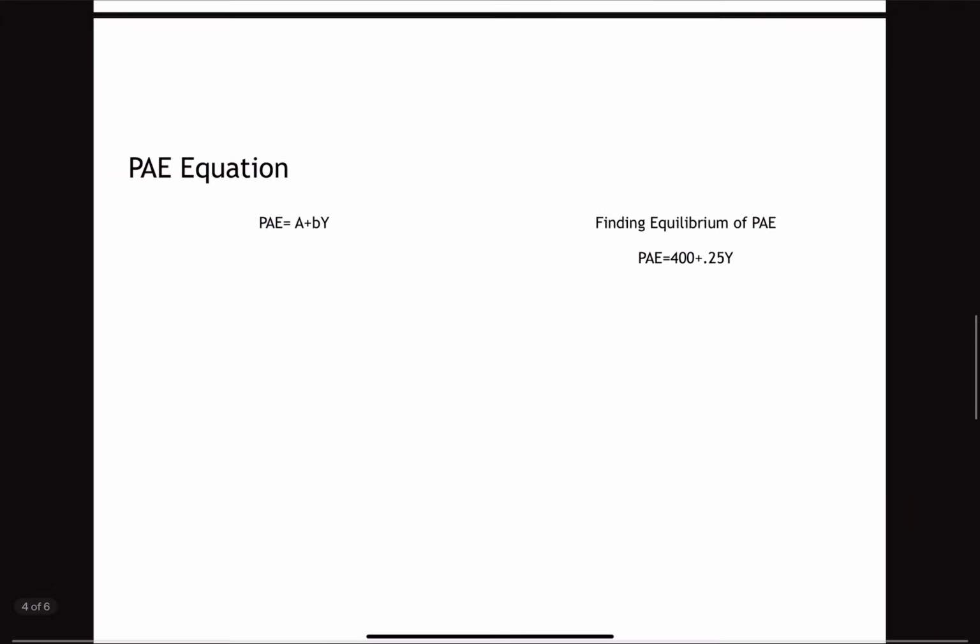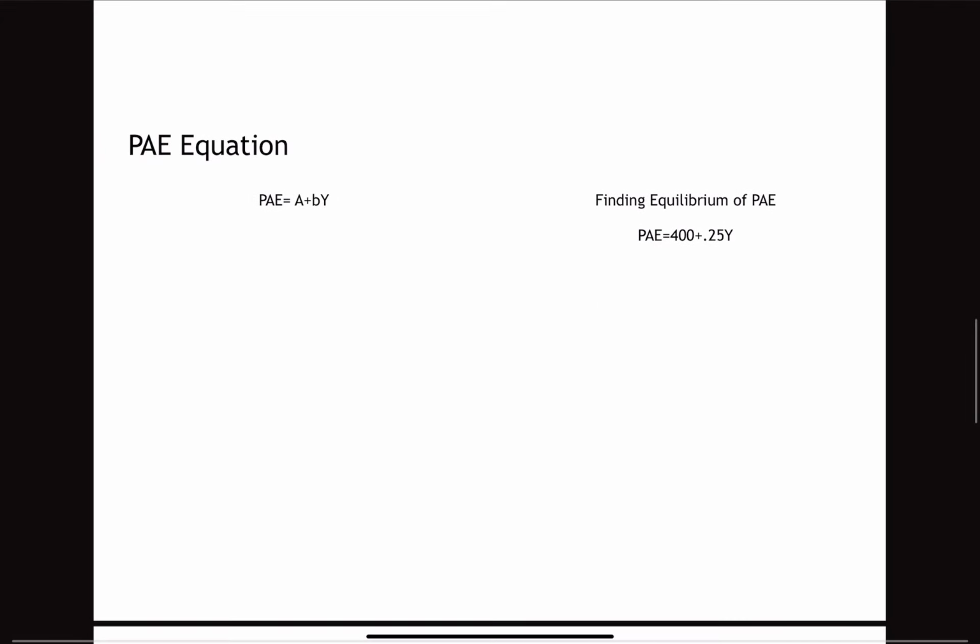Now the PAE equation contains PAE equals A plus B times Y. So A stands for autonomous expenditures, which is spending that is not directly influenced by income.